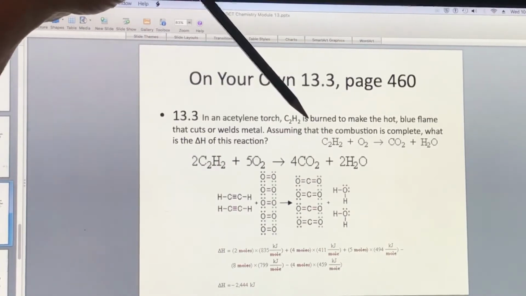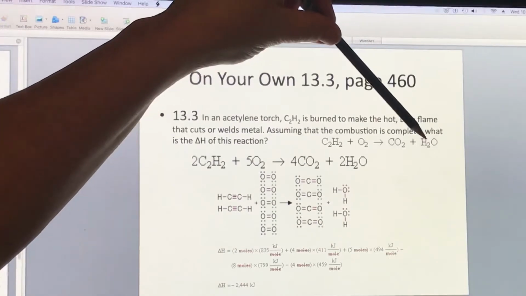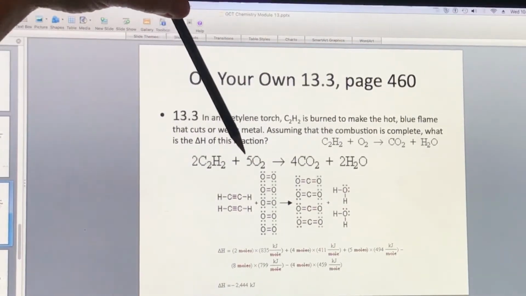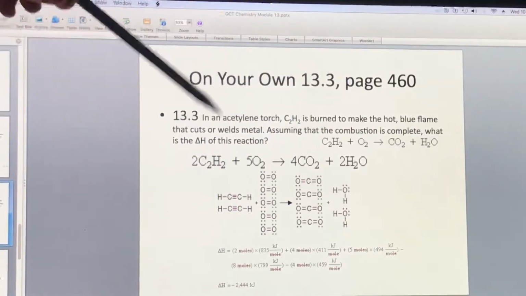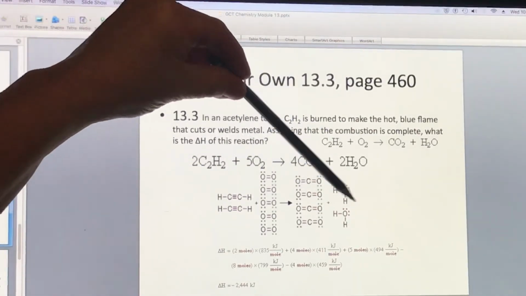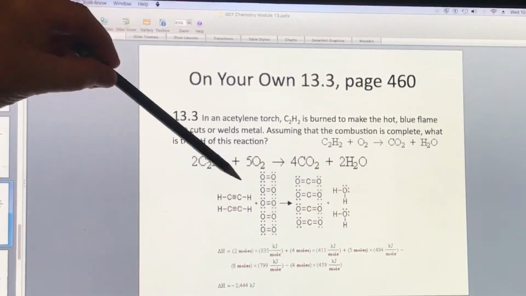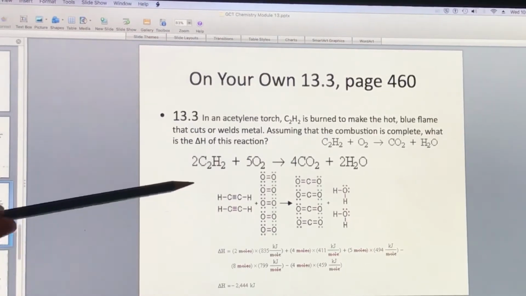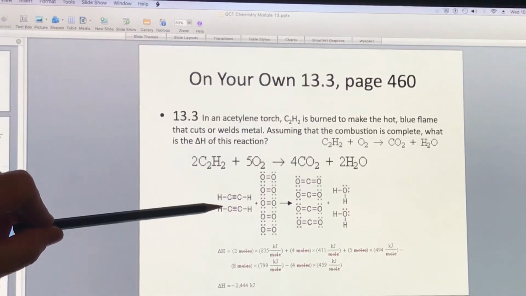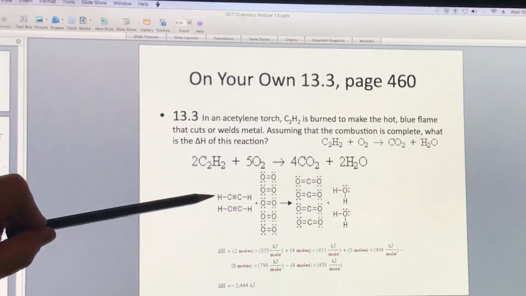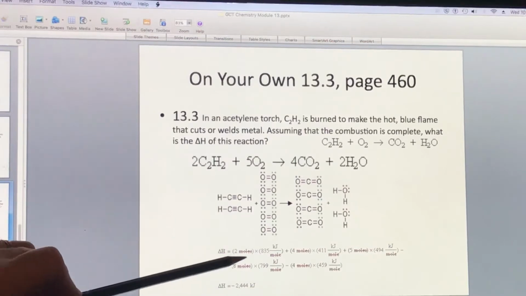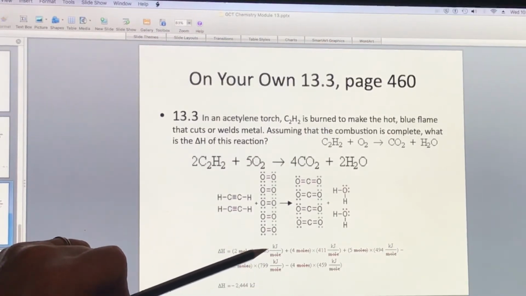So again, we're starting with the regular equation, but then it needs to be balanced, so we're adding these stoichiometric coefficients. Then we've created the Lewis dot diagrams for each one of the molecules, and then you would be referencing that table and looking at each one of these bonds, counting each type of bond, and multiplying the number of bonds you have by the bond energy from the table.